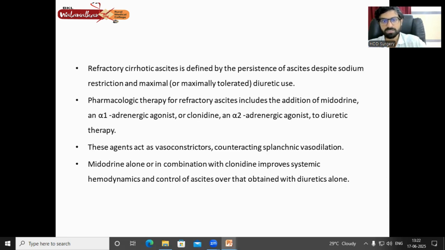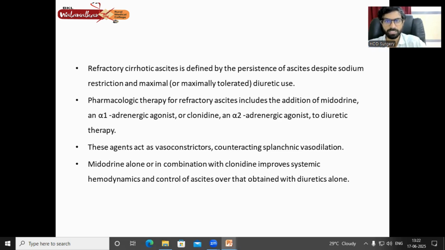Refractory cirrhotic ascites is commonly encountered in your practice, and it is defined by the persistence of ascites despite sodium restriction and maximal diuretic use, or maximally tolerated diuretic use also.